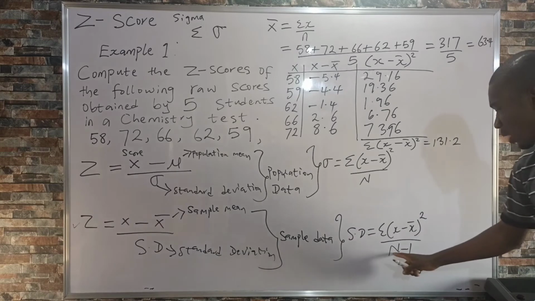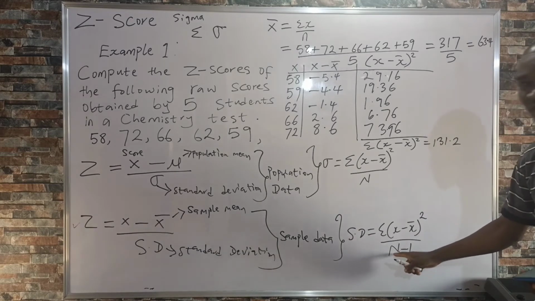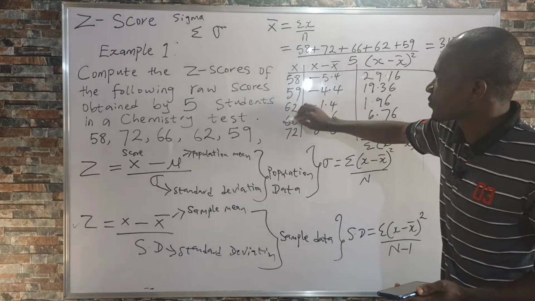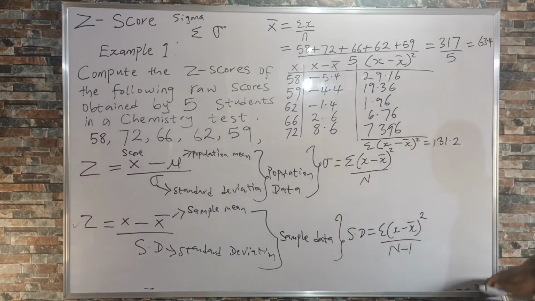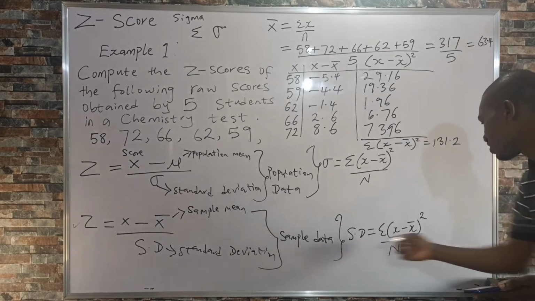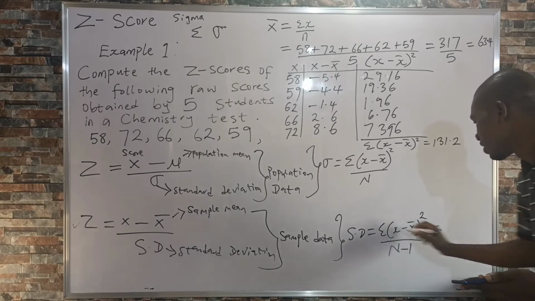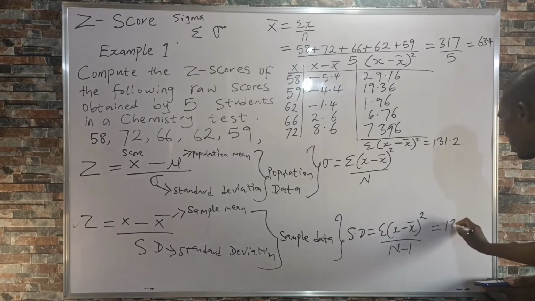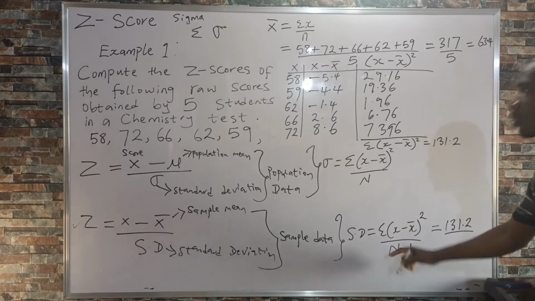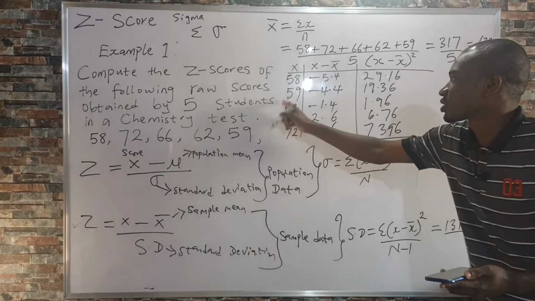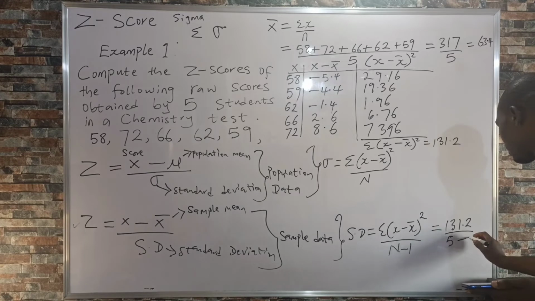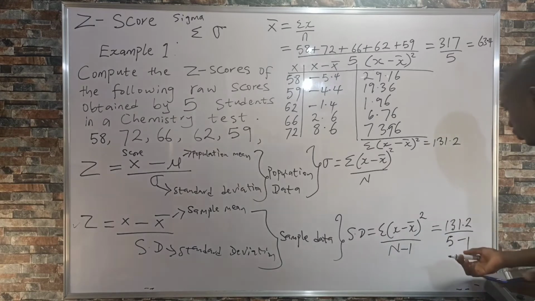Then remember that our n is just the total number of observations we have, which are 1, 2, 3, 4, and 5. So our standard deviation, which is our SD, is equal to the summation we found, 131.2, all over n minus 1. Our n is 5, so we have 5 minus 1, because we are considering sample data.